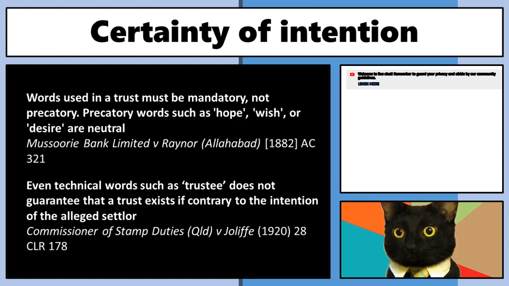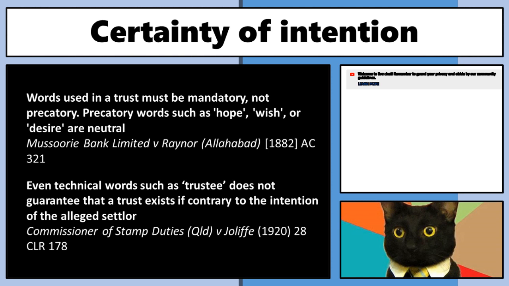And Missouri Bank and Raynor: I give my property to my wife, trusting her, what was the phrase they used, to use her judgment, to use her knowing or trusting that she will use this property appropriately, and to give it to the children when not required by her.